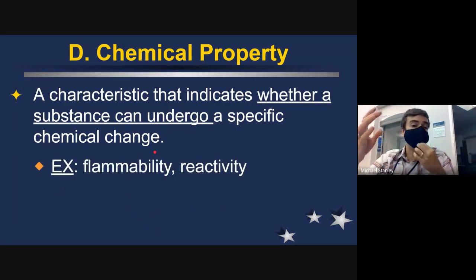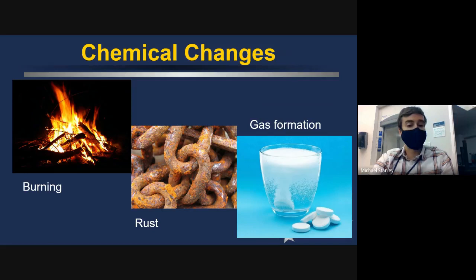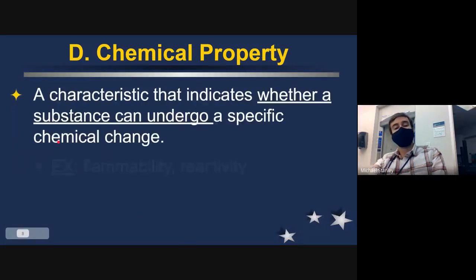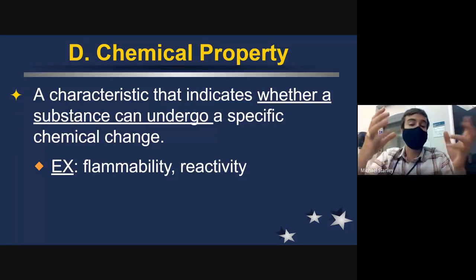For example, how flammable an object is, is one of its chemical properties. Like the wood that we saw in the fire example earlier, or stuff like gasoline or propane or even ethanol, is very flammable.